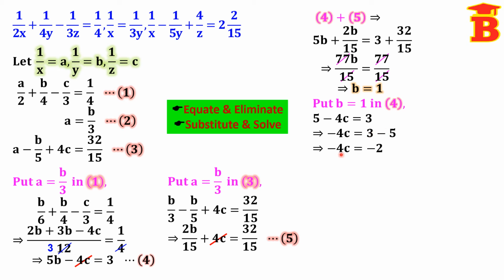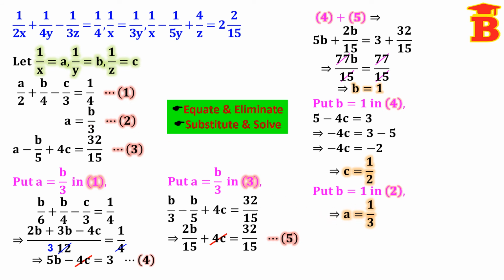So minus 4c equal to minus 2. We can cancel the minus on both sides, and then c equal to 2/4, which is equal to 1/2. Now put b equal to 1 in the second equation, we can get the value of a. So a equal to, b value is 1, so this is 1/3.